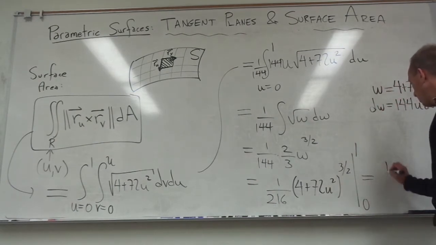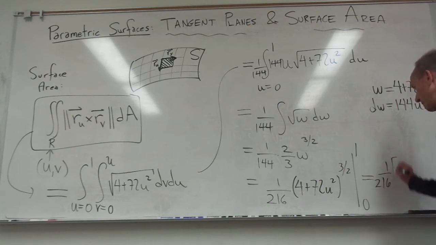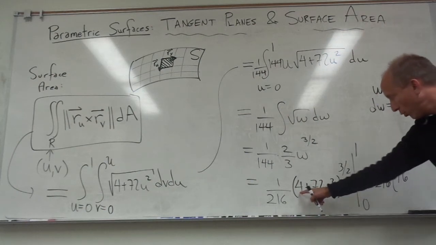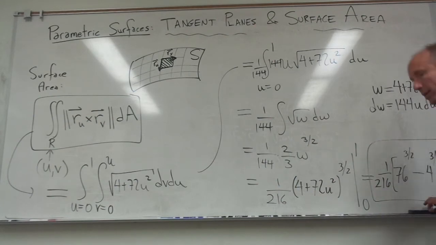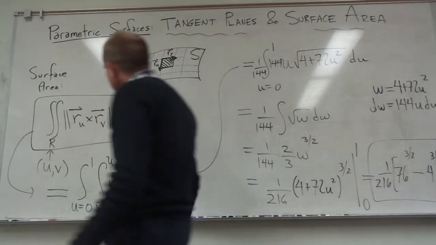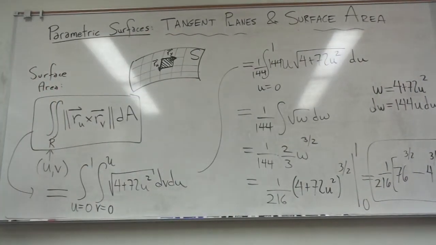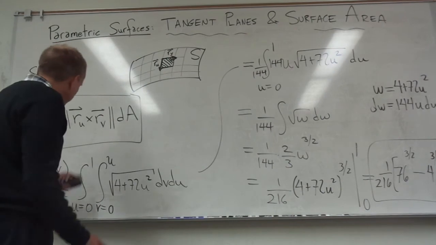Okay, so we get 1 over 216 times 76 to the 3/2. That's when you put in u equals 1, we get 4 plus 72. And then minus, when I put in u equals 0, I get 4 to the 3/2. And this would be a perfectly reasonable answer. Okay, so there's the surface area for that particular example.